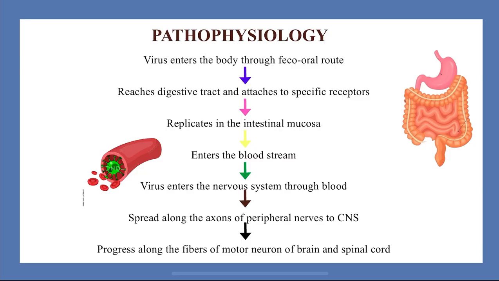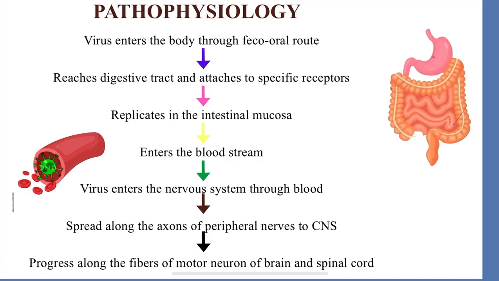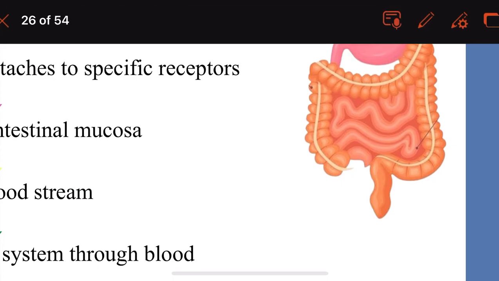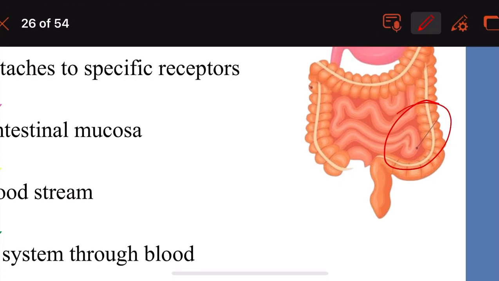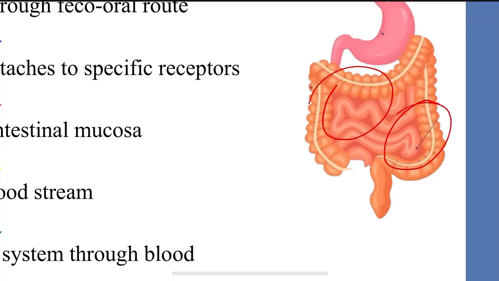It reaches the digestive tract, especially the small intestine, where it will attack the epithelial cells by attaching to specific receptors, the CD155 receptors, and gets its RNA into the cell, and it will start replicating.